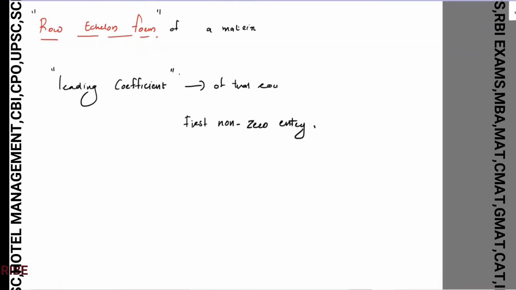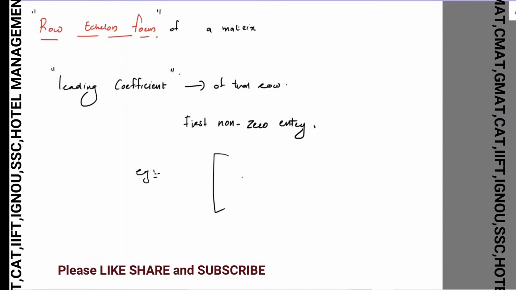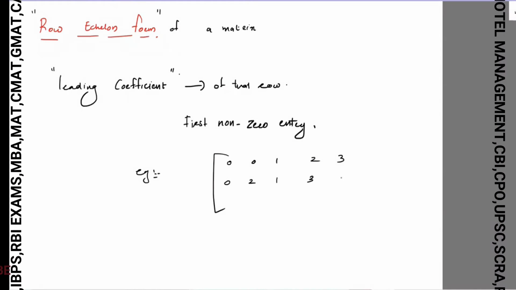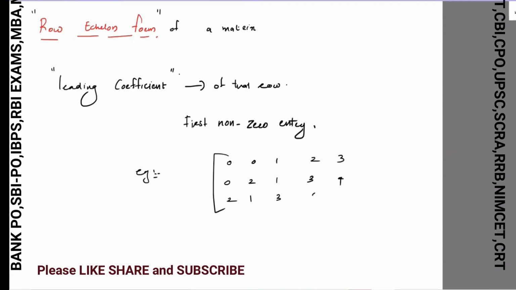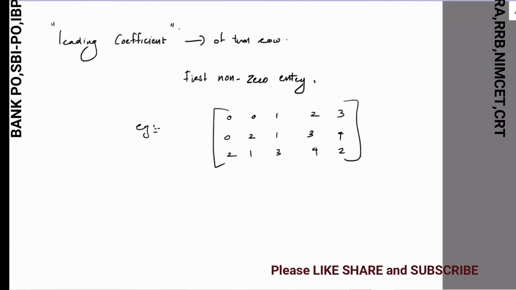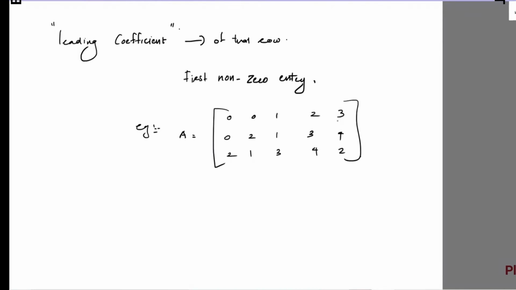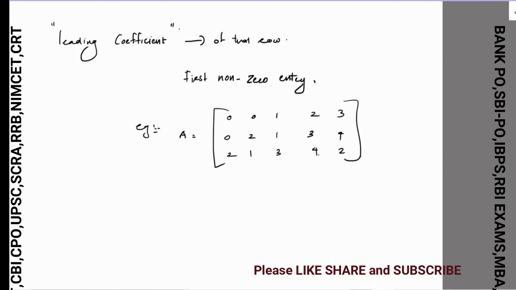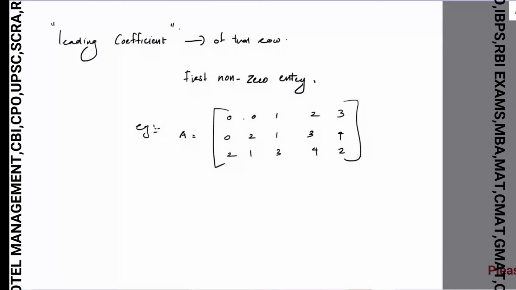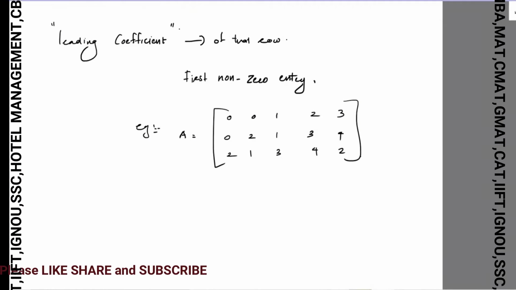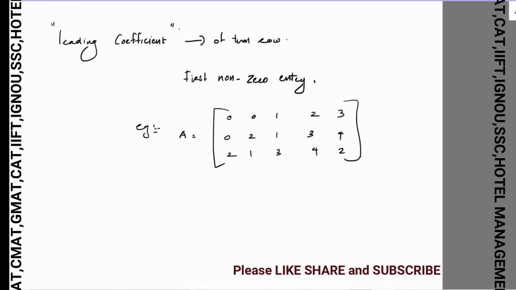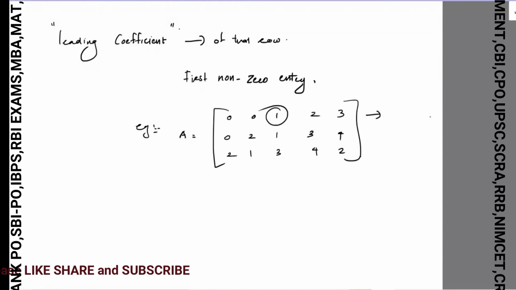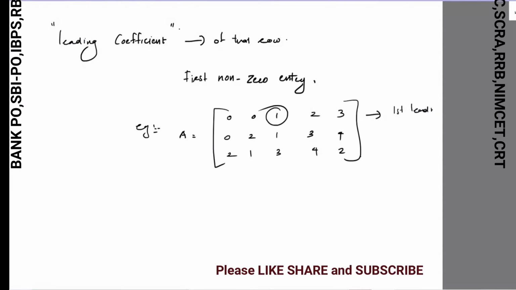For example, A equal to 0, 0, 1; 2, 3, 0; 2, 1, 3; 4, 2, 1, 3, 4, 2. Then the first leading coefficient, that means the first non-zero entry of the first row, will be 1. Here the first leading coefficient is 1.